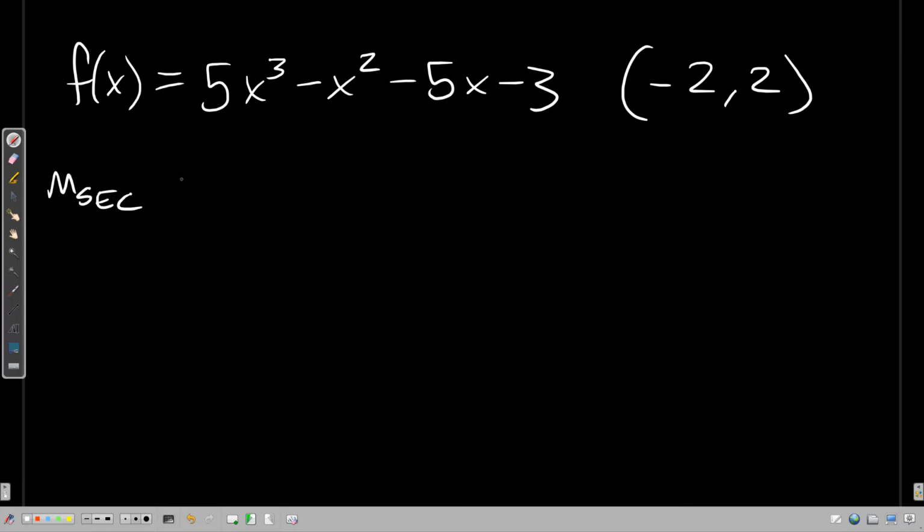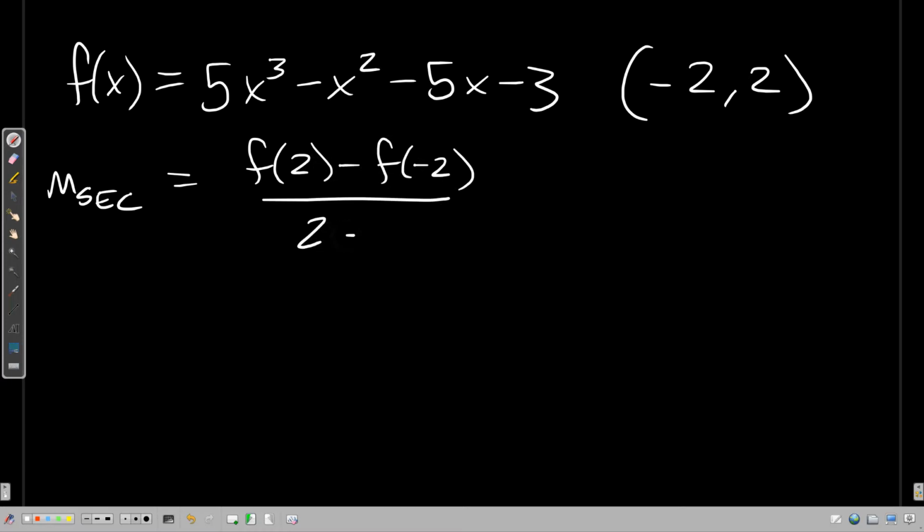So the slope of our secant line will be f of 2 minus f of -2 all over 2 minus -2. Okay, this time f of 2 is 5 times 8, that's 40, and then minus 2 squared, so that's -4, and then minus 5 times 2, so that's -10, and then -3.